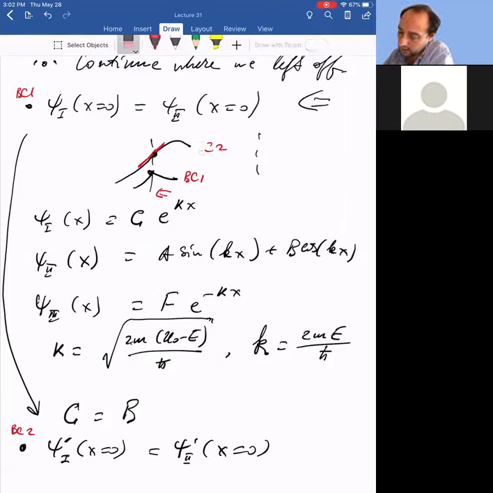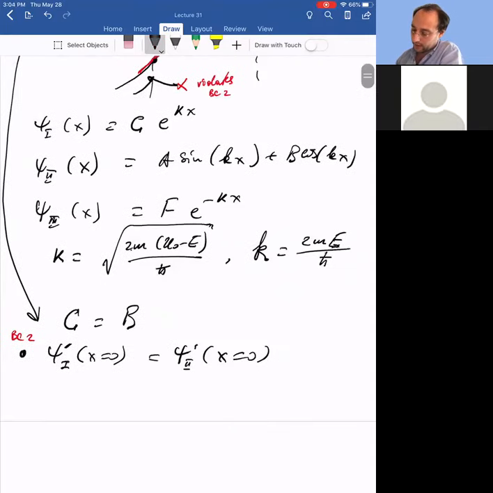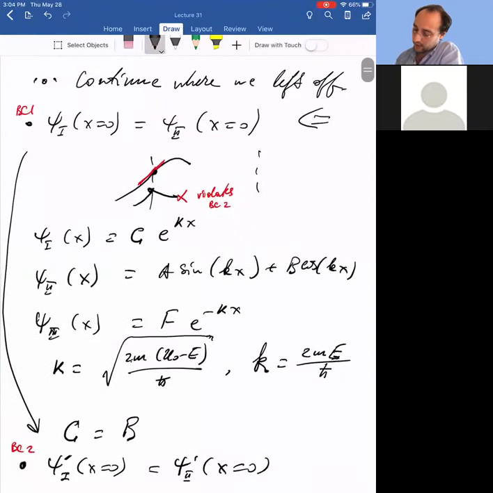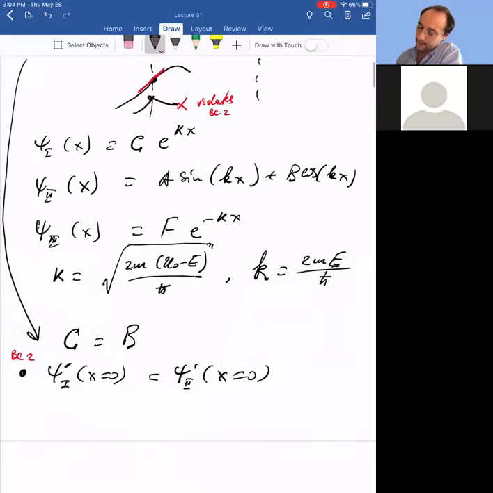All right, so therefore this violates the smoothness, BC2. Anyway, so what does this say? Psi1, if I take the derivative, I bring the kappa. Okay, so let's just do it.